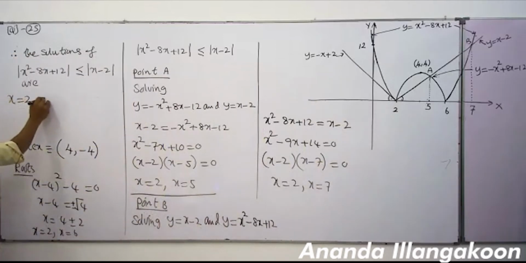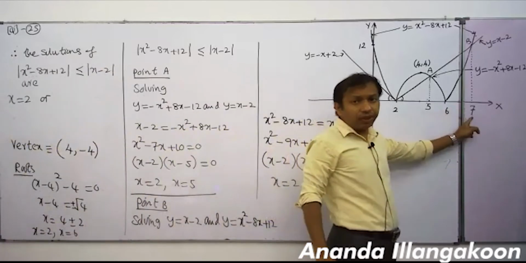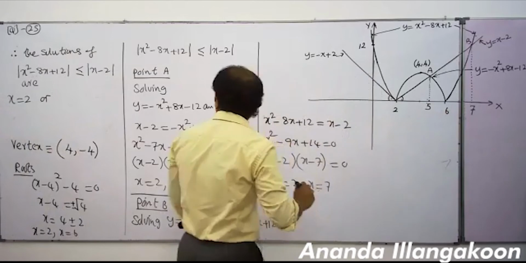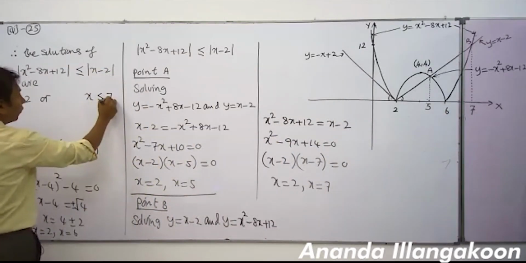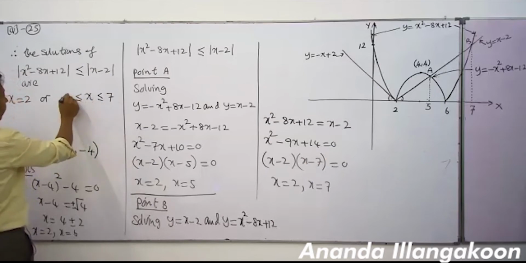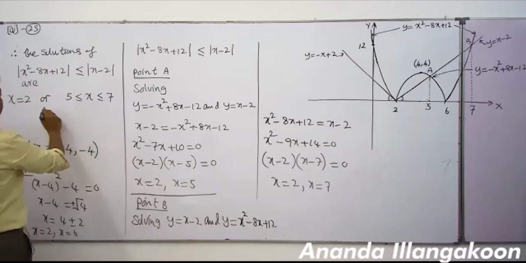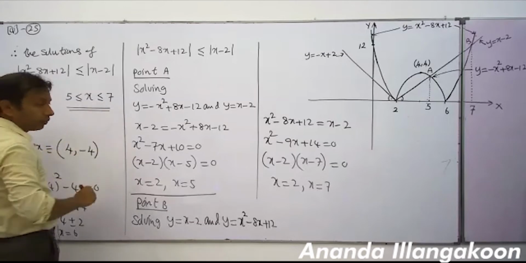Or the other one is between 5 and 7, including both. Right? X less than or equal to 7, greater than or equal to 5. This is how we answer that part.